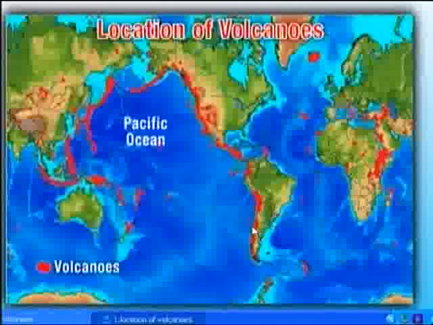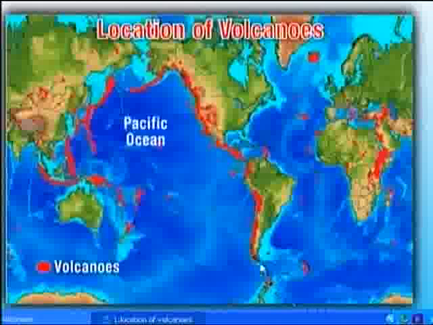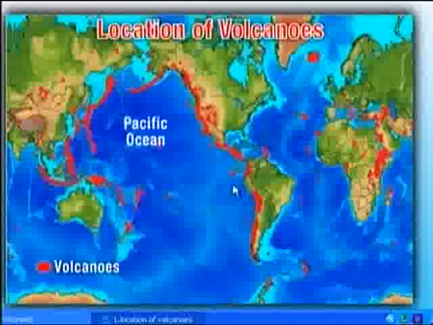In other words, along the margin of continents. This is what we call the Pacific Ring of Fire. Just imagine, along the Andes we have more than 1,000 volcanoes, and it is also good to know that there are about 600 active volcanoes around the world.